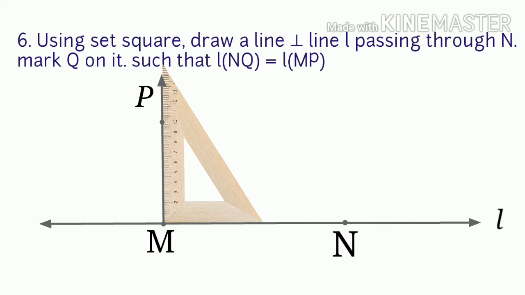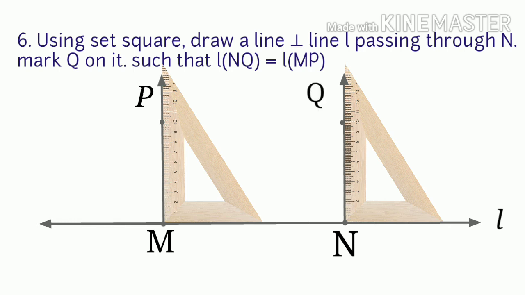So place the set square in this way. Draw a line which is perpendicular to line L. Now we mark point Q on this line such that segment NQ and segment MP have equal length.